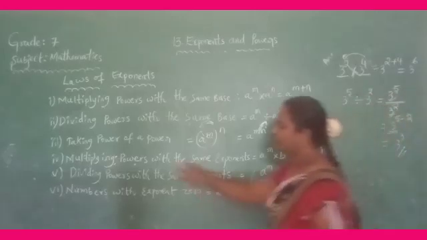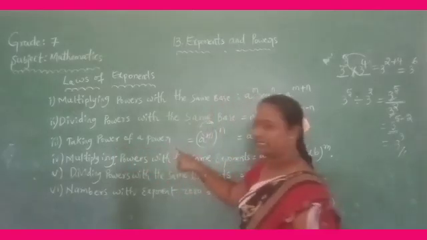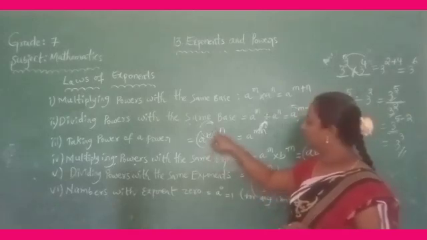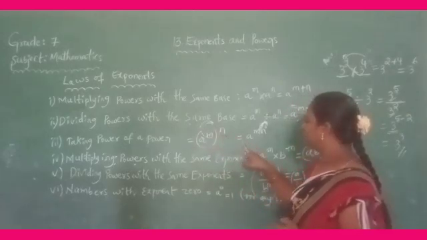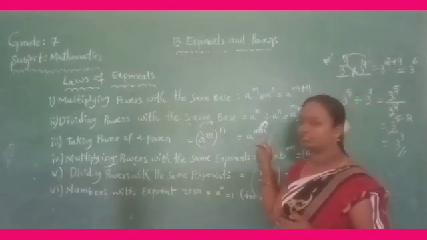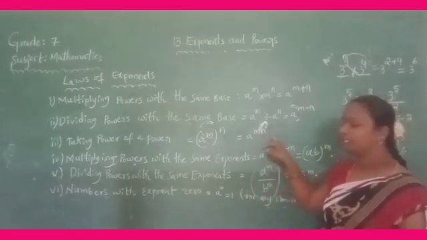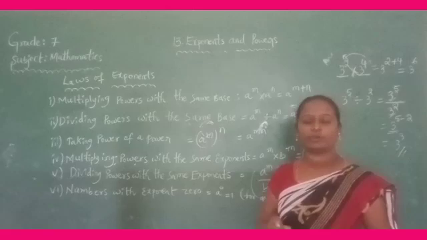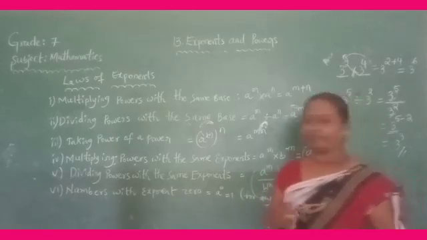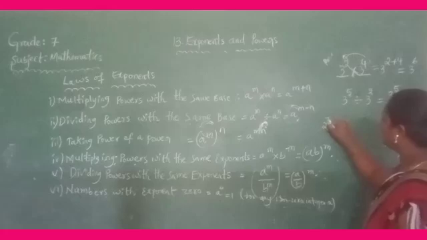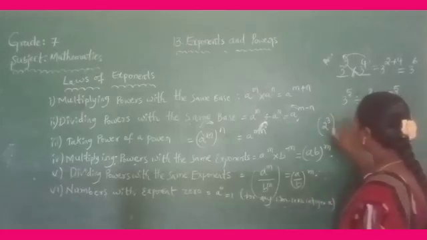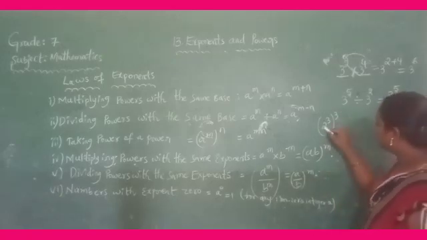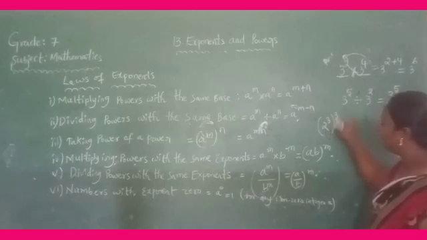Similarly, the third law, taking power of a power, that is a to the power of m whole to the power of n is equal to a to the power of mn, that means m into n. So if the power of a power comes, at that time you have to multiply the powers. Suppose 2 cube is there, and one more power I have taken here, that is 2 cube whole cube.